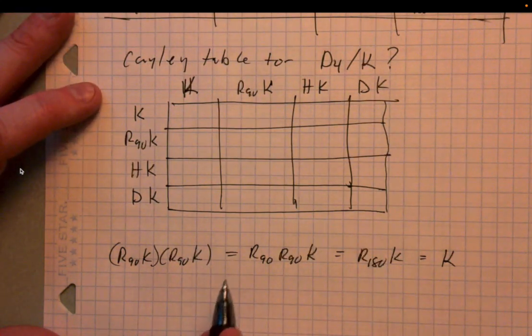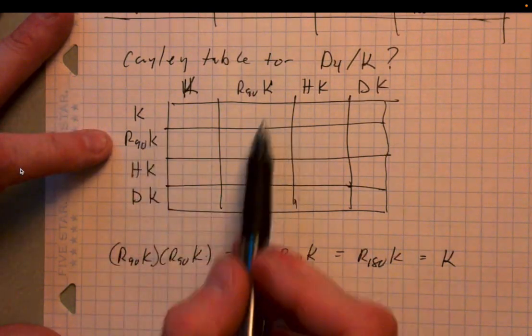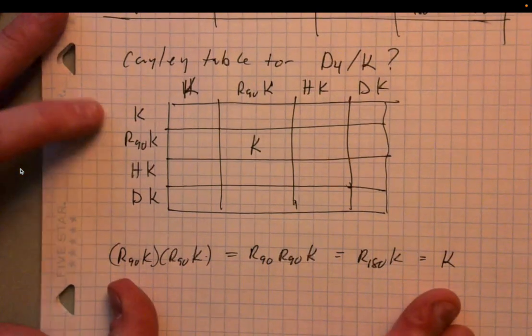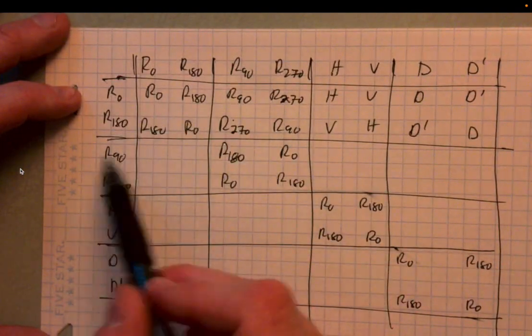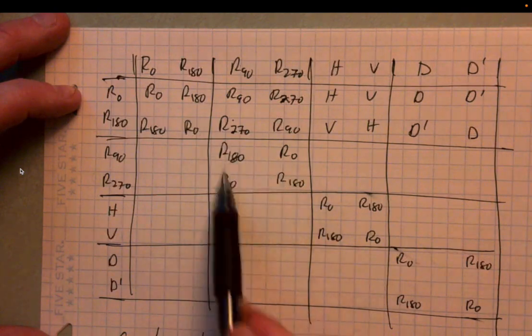And so R90K, R90K, this intersection should just be a K. Okay, now let's look at what this cell represents in the Cayley table above. So this is the R90K and this is R90K, and look, you see K is there.